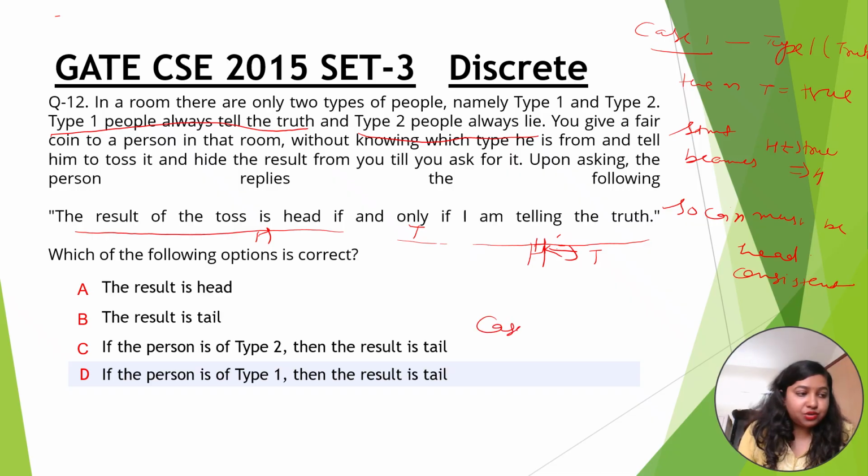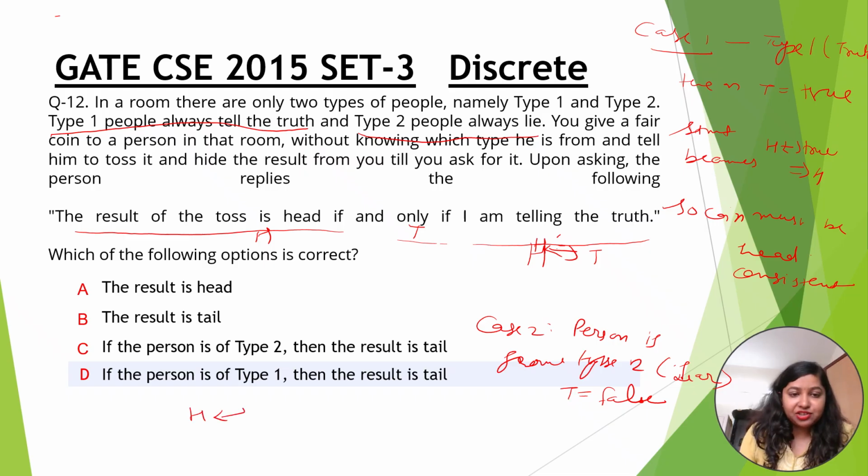Now case 2. Person is from type 2. Okay, type 2 is liar. Then जो T है वो है हमारा false. So statement becomes H gives false.